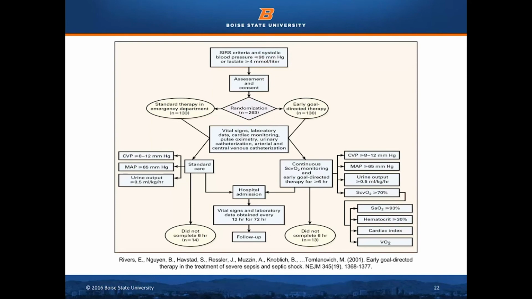And he found that if he started this protocol of early goal-directed therapy that included early intravascular volume support, hemodynamic support, blood product utilization, transfer to the intensive care type therapy, and placement of a central venous catheter that would measure central venous saturations as well as provide CVP information, doing all these things, he reduced mortality significantly from like 45% to 35%.